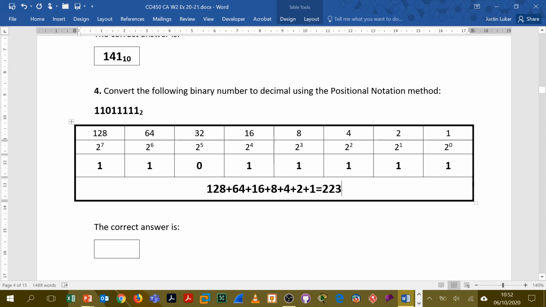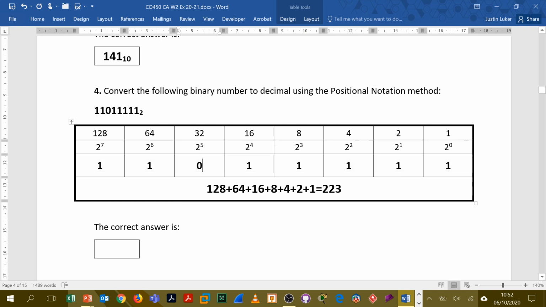Now we could actually check that. Here's another little tip. If you've got all 8 ones, the highest number you can have is one less than the next power on from 128. 128 times 2 will give you 256, so one less than that is 255. So the biggest number you can have in 8 bits is 255.